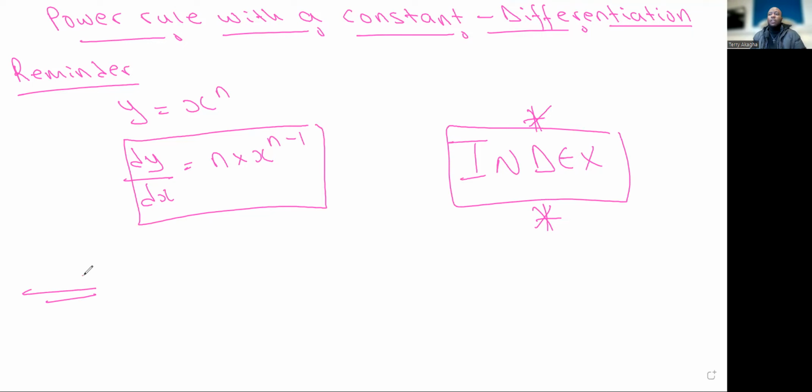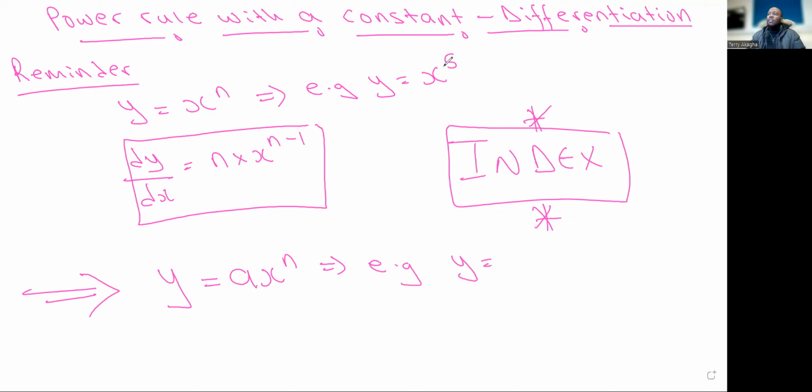Now, what we want to talk about in this video is what about if the index has a constant with it? So for instance, we have y is equal to ax to power n. In the previous video, we solved questions like y is equal to x raised to power 5. Now, with a constant, you might have something like y is equal to 6x raised to power 5.